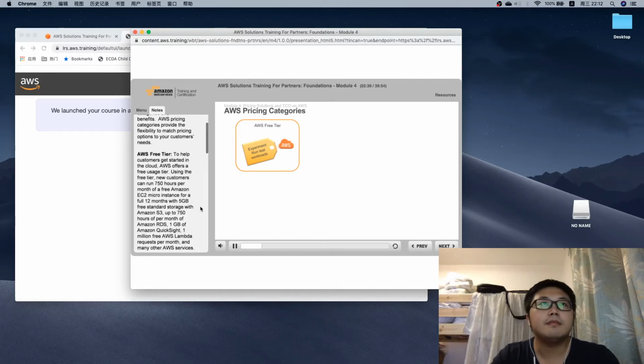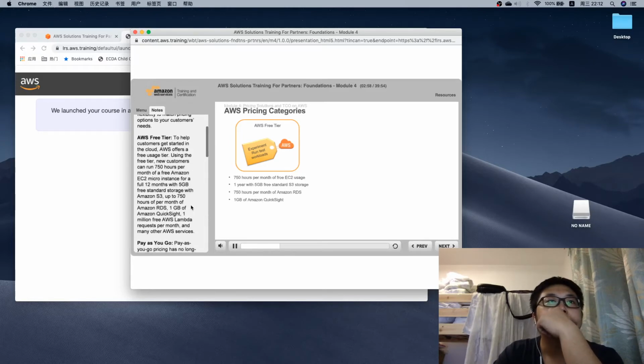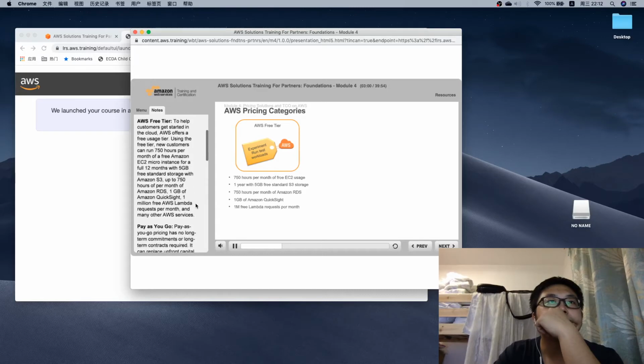Using the free tier, new customers can run 750 hours per month of a free Amazon EC2 micro instance for a full 12 months, with 5 GB free standard storage with Amazon S3, up to 750 hours per month of Amazon RDS, 1 GB of Amazon QuickSight, 1 million free AWS Lambda requests per month, and many other AWS services.